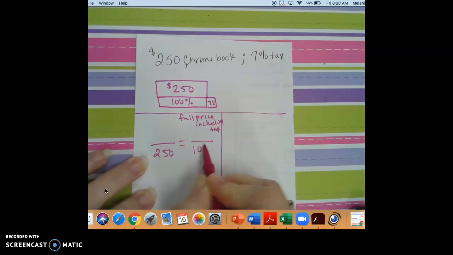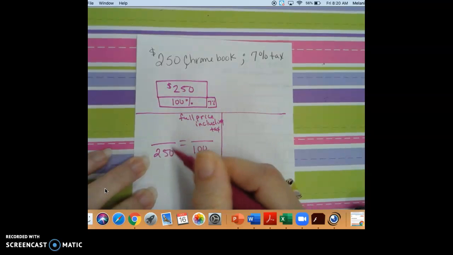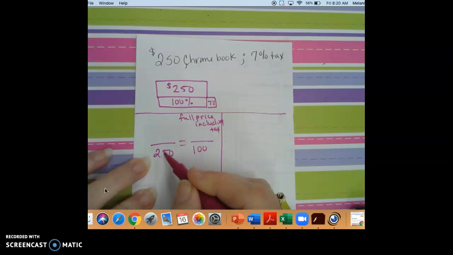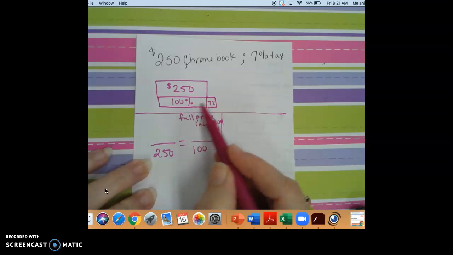And we know that that was 100%, right? Just like we were doing the is over of equals percent over 100. This of 250, that's the total price. But now we need to add tax.